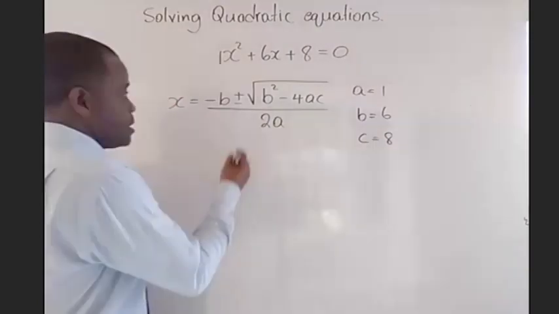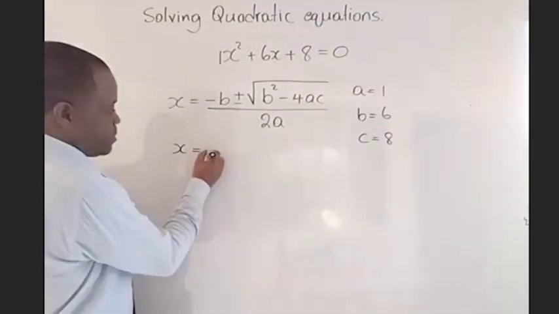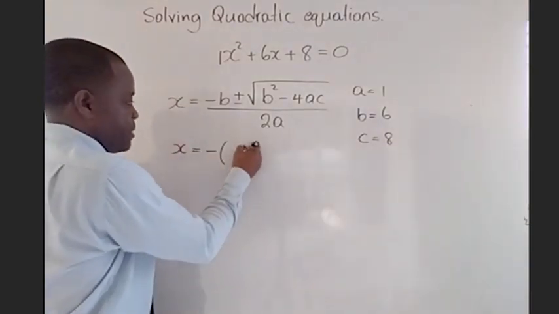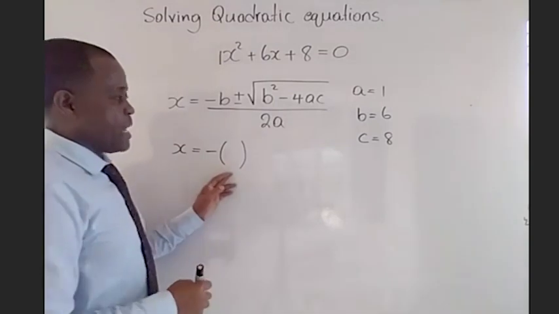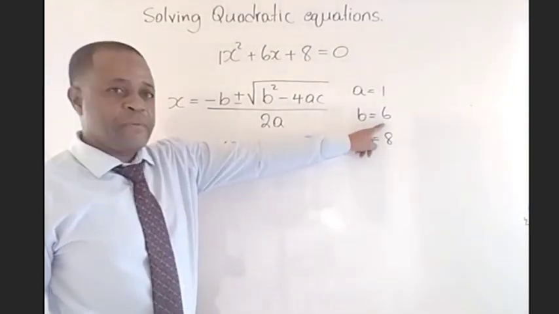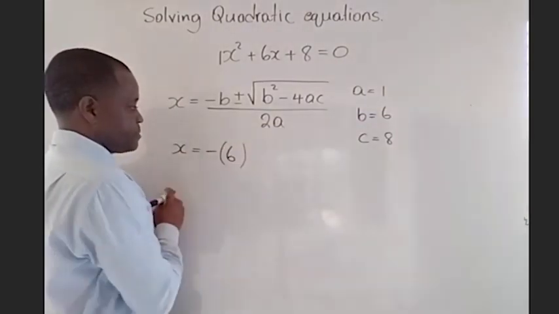So let's go. Now, we start off by doing this. X is equal to, I put in my negative sign here, I'm going to open my bracket, and then I'm going to go over here to look for the value of B. The value of B there is 6, so I'm going to put my 6 right inside here.